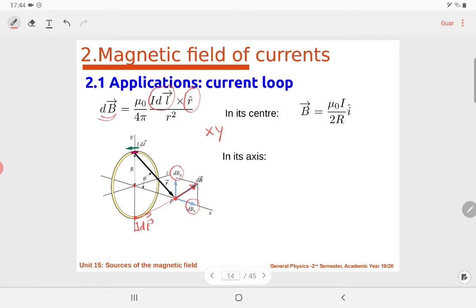It would provide us with the same magnitude of magnetic field, with the same components x and y, except that the y component would be towards the negative side of the y-axis. So at the end, we can say that the total magnetic field in its axis is going to be just the component on the x-axis because of symmetry.